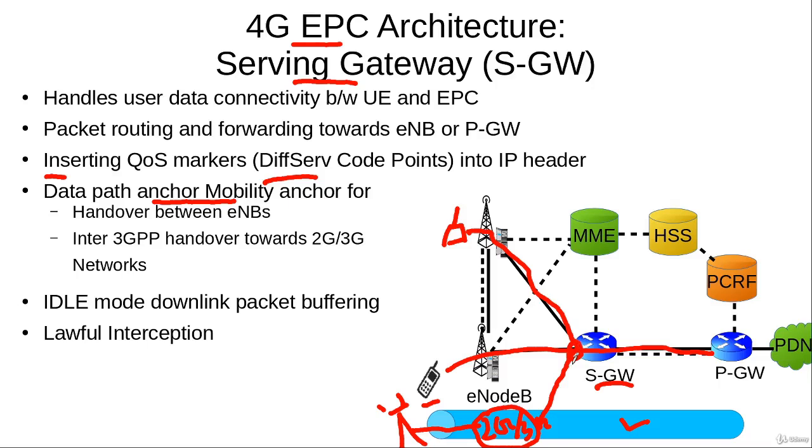So here also the serving gateway is acting as an anchor point when there is handover between these different 3GPP systems, from 4G to 2G or 3G.